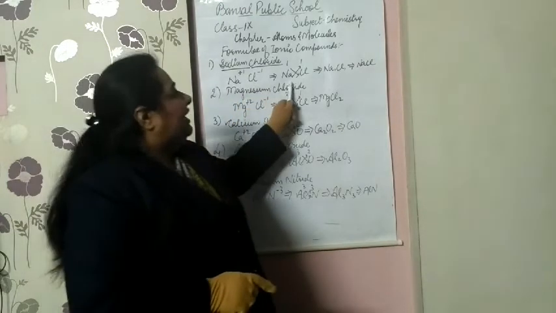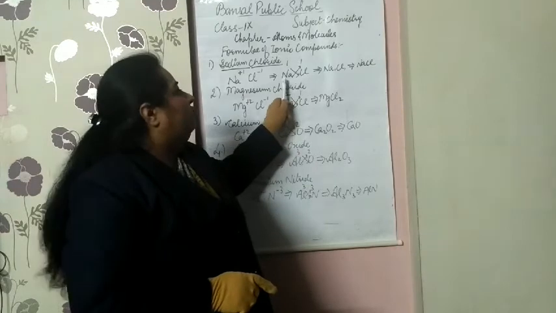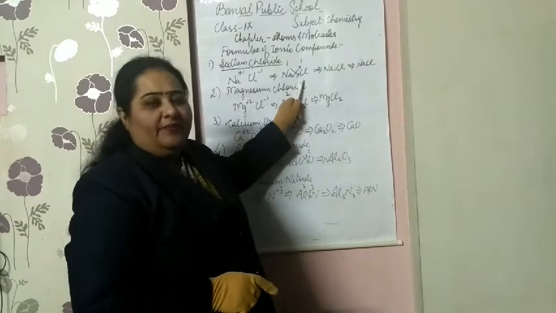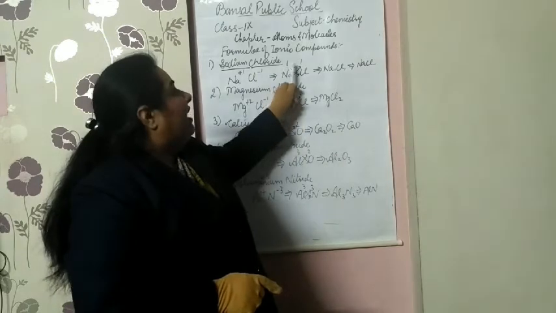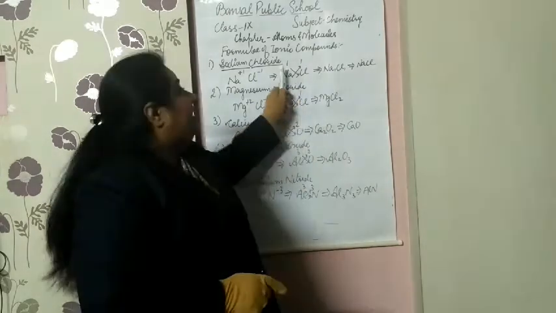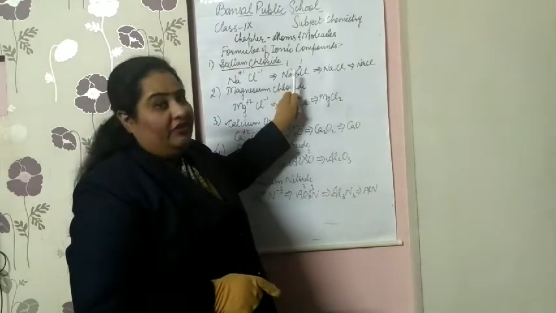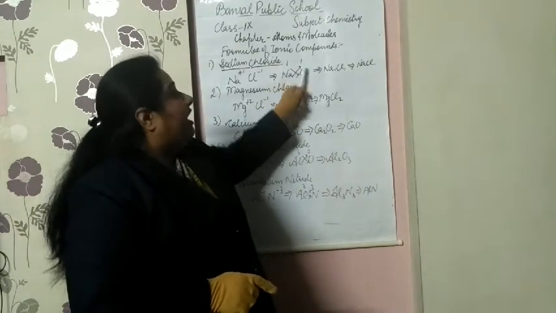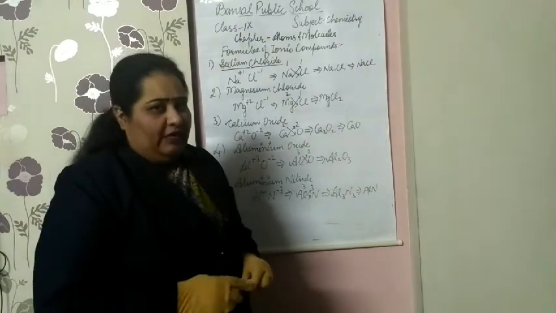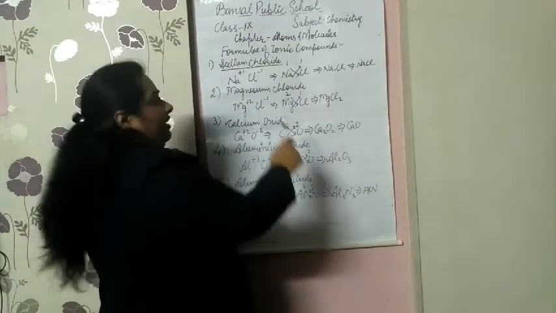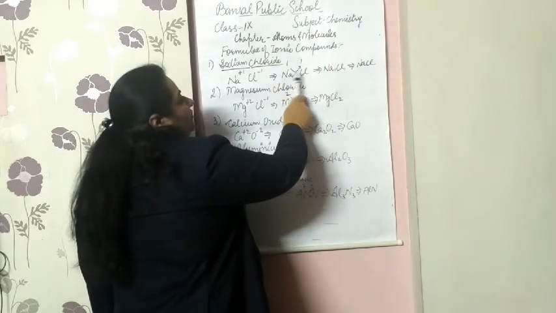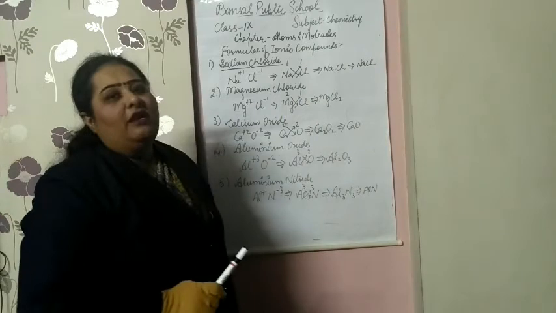Now in the second step we write only the symbols, like sodium and chlorine. The charges, positive and negative, we do not put, but the quantity of charge we put either above or below the symbols. You may write in any form. In the next step, we crisscross between the metal and non-metal.